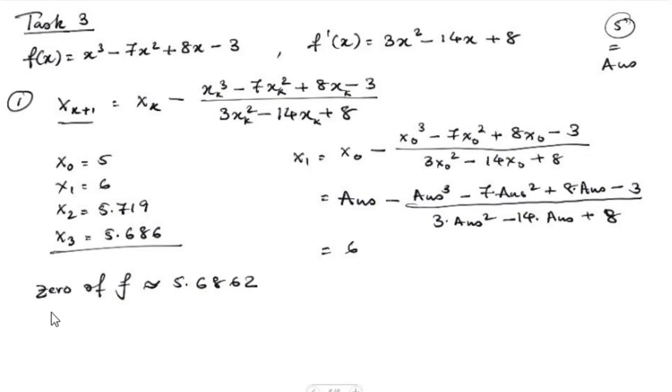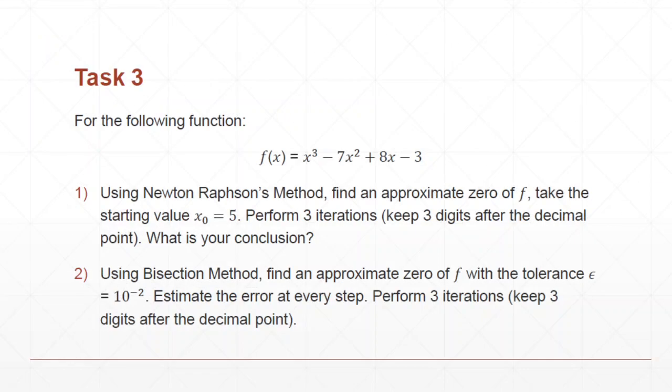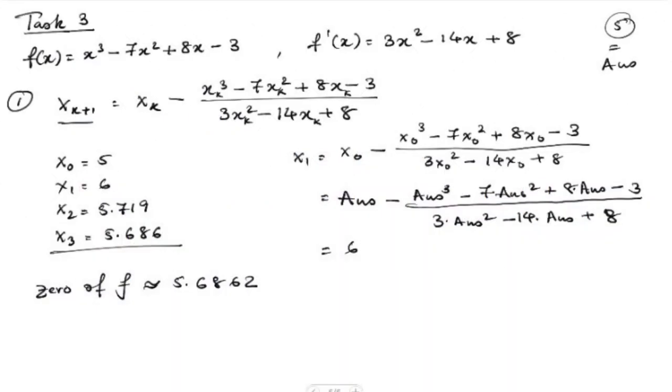Now for task 3 part 2, we have to use the bisection method and do the same work as we have done in task 1 here. So let's work on this now.